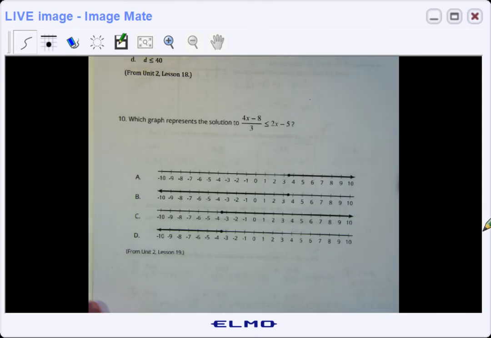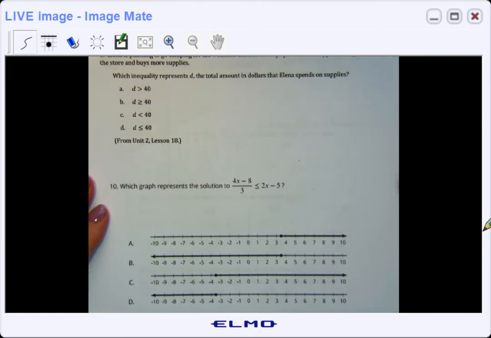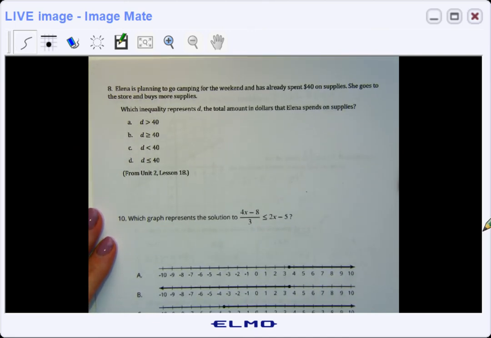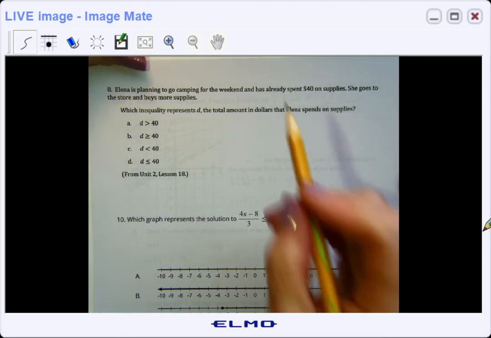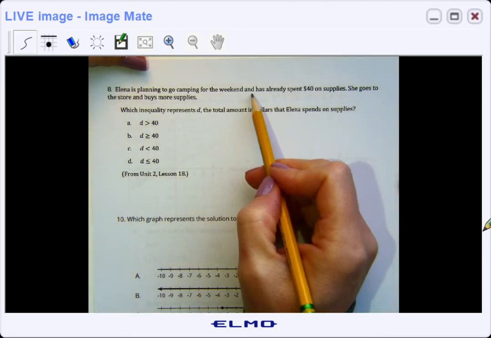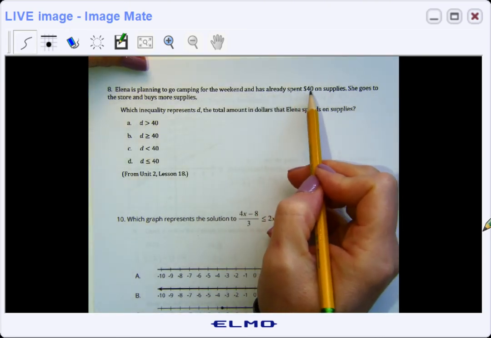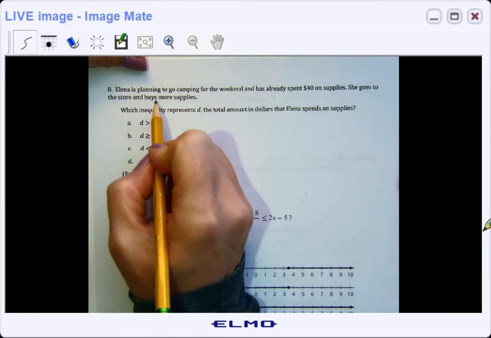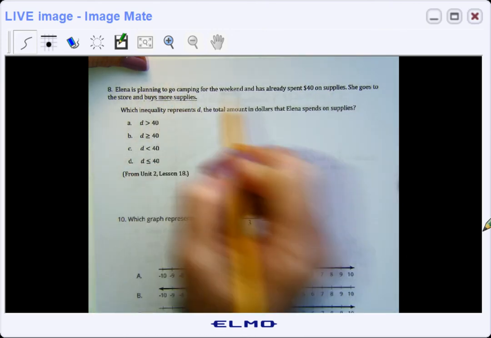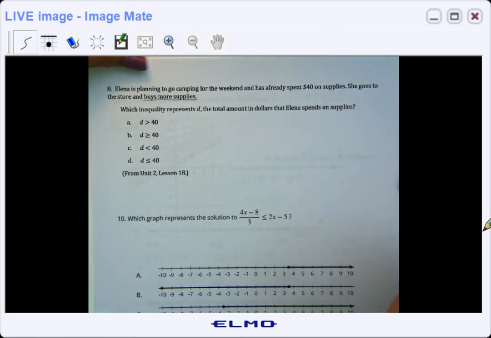Okay, you had 2 review problems, number 8 and number 10. So number 8, Elena is planning to go camping for the weekend and has already spent $40 on supplies. She goes to the store and buys more. She's already spent 40 and she's going to buy more.